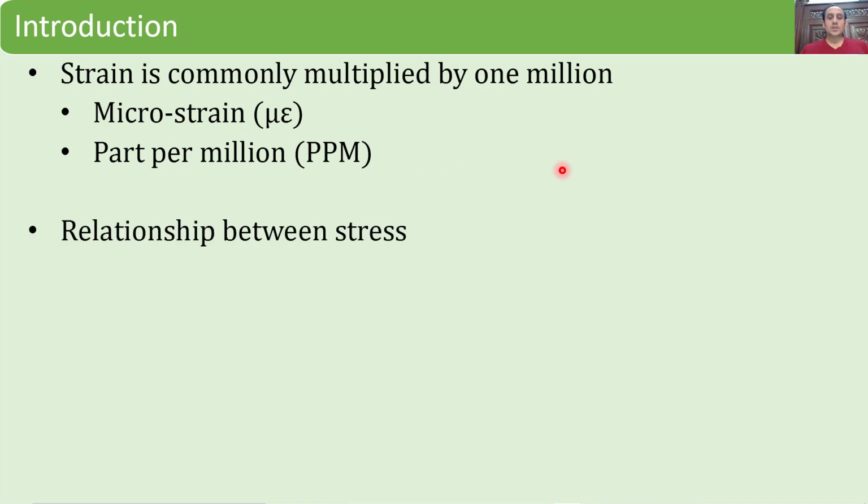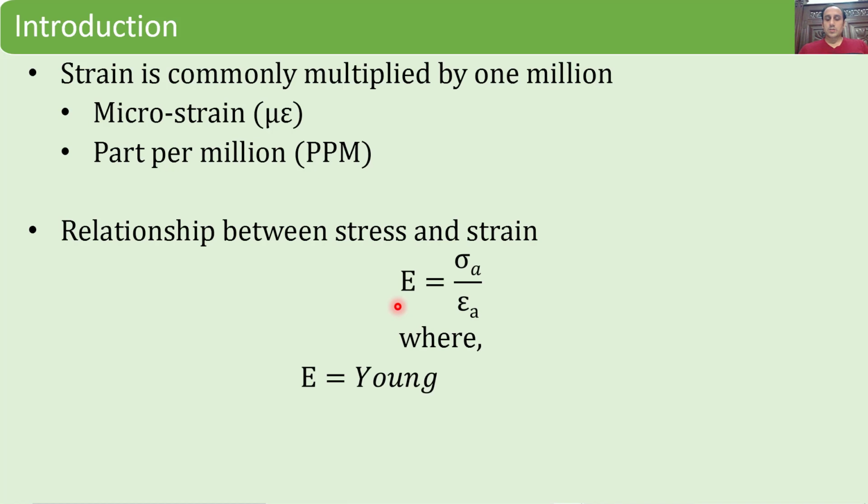Now we will see what is the relationship between the stress and strain and how we can relate these two parameters. If we want to relate stress and strain, then we need to introduce a constant which is a material property, and that constant is known as Young's modulus, or elastic modulus. The elastic modulus is equal to the ratio of axial stress over axial strain.